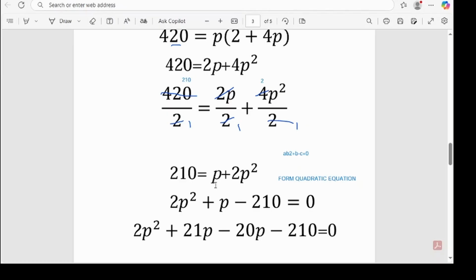The rule is that whenever a number jumps the equal to sign, it changes its form.